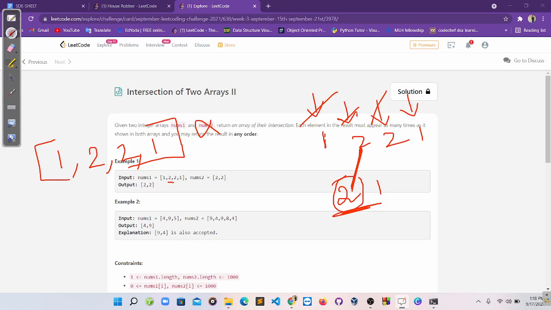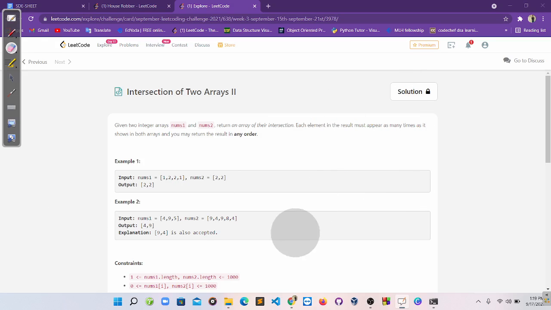So how can we solve this problem? There are many possible solutions, but the way we can solve it is by sorting our arrays. Why do we sort?